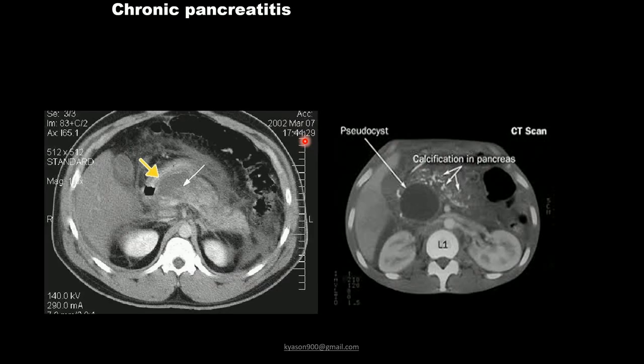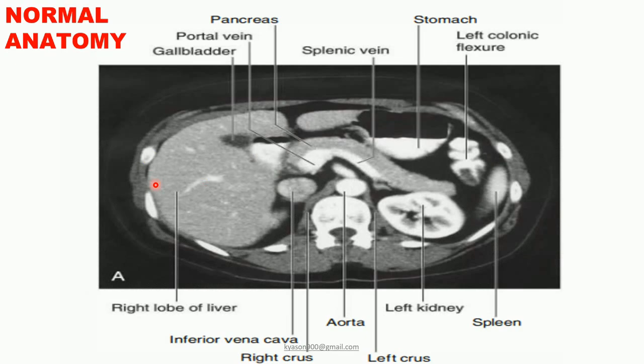So in a patient with pancreatitis, of course, there will be signs of inflammation of the pancreas. Okay, here you can see a pancreas that's affected with pancreatitis. You can barely see the borders. In this image, you can't see the border. In a normal patient, you can see the borders of the pancreas.